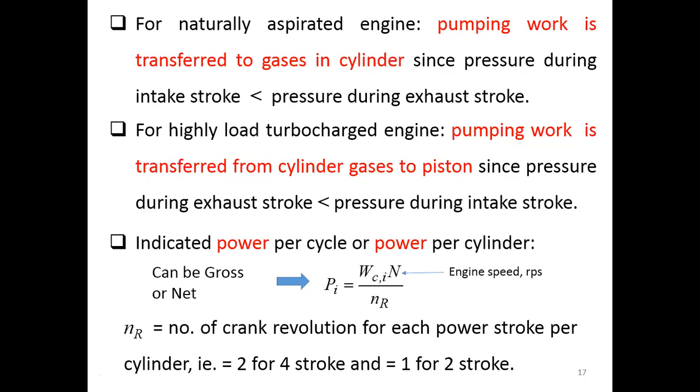We get the pumping work out from the gas, not like the previous one where we have to give the work to the gas. Now with the turbocharger equipped to the engine, this pumping work becomes positive for us. Why? Because now the pressure during intake is higher than the exhaust, right? The pressure during intake is higher because it gets the pressure from the turbocharger.